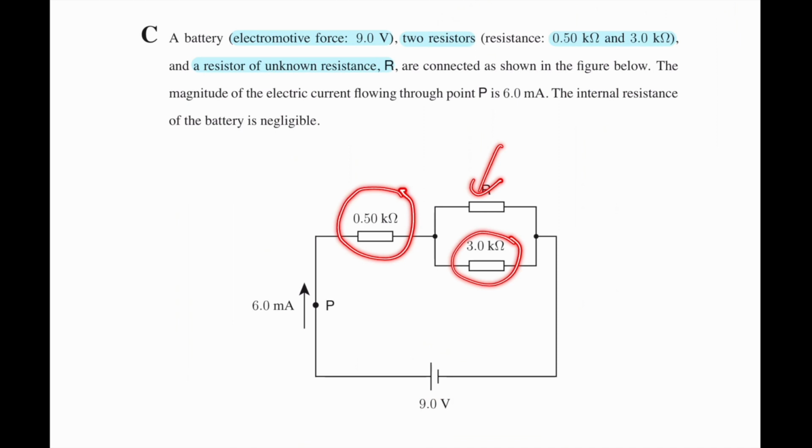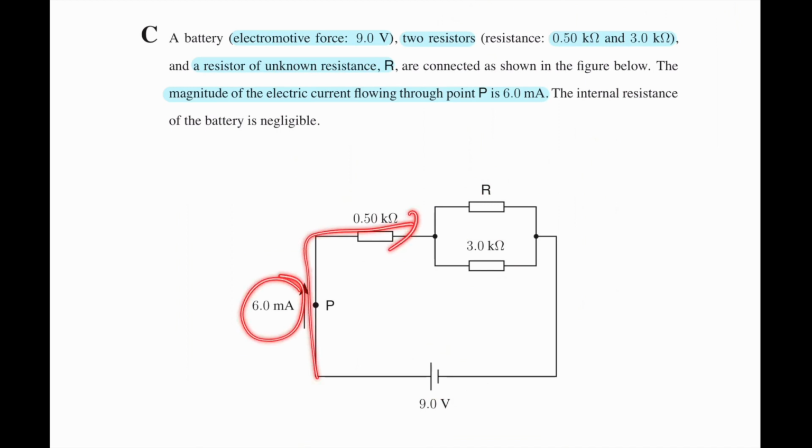The resistors are connected as shown in the figure below. The connection is like this diagram. The magnitude of electric current flowing through point P is 6 milliampere. 6 milliamps is the current flowing through point P. The internal resistance of the battery is negligible.